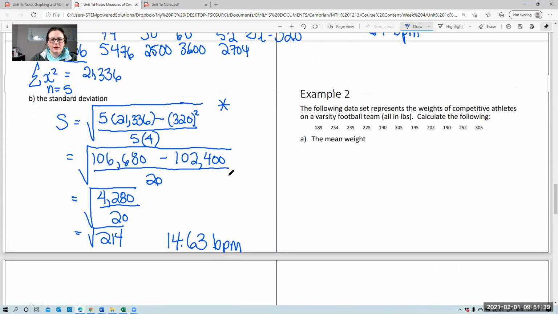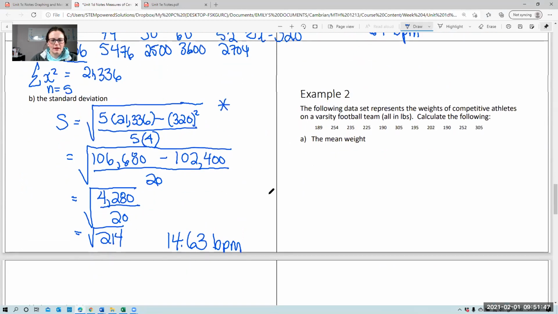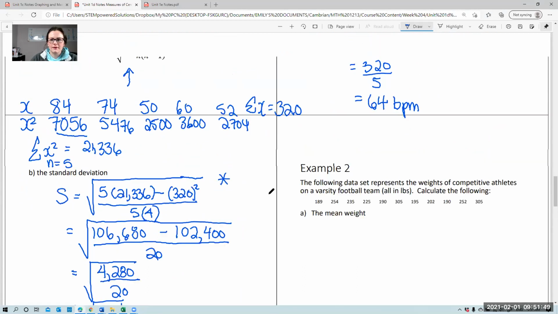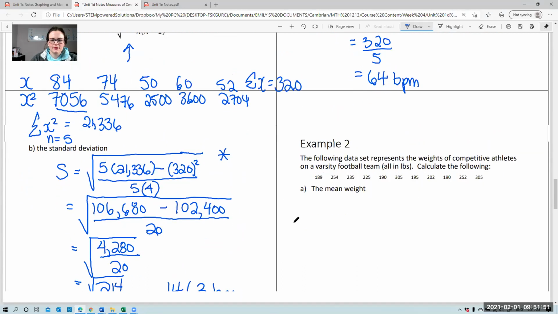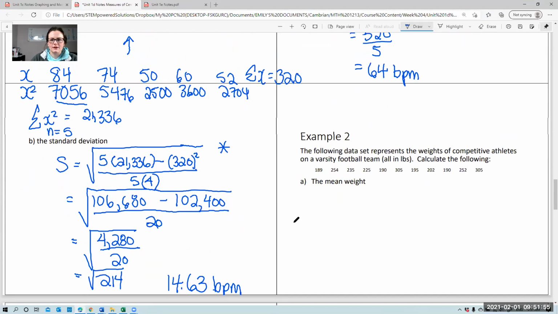Any questions for how we got this standard deviation? It took a lot of number crunching and a lot of hanging in there. We got 14.63 beats per minute as the standard deviation.